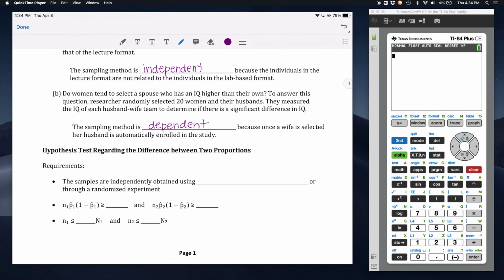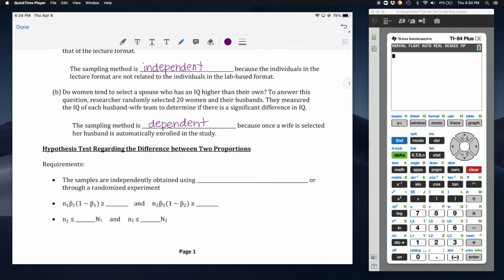Okay, so let's talk about your conditions. These conditions seem familiar because they're the same conditions for hypothesis testing of one proportion, right? So the samples are independently obtained using a simple random sample or a randomized experiment.